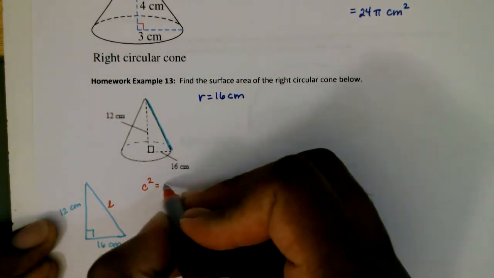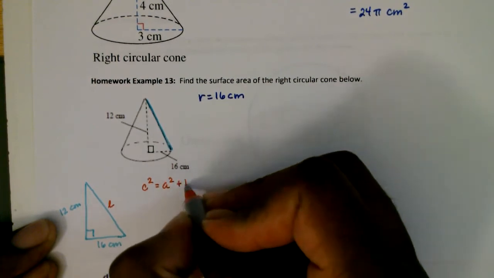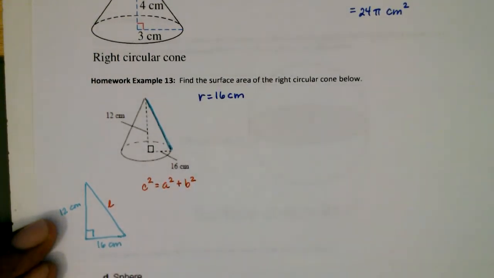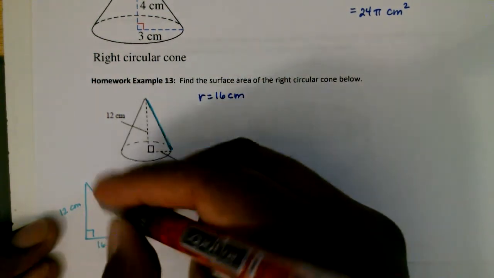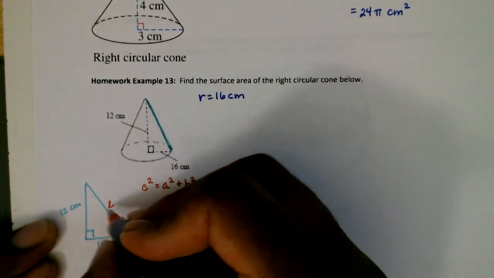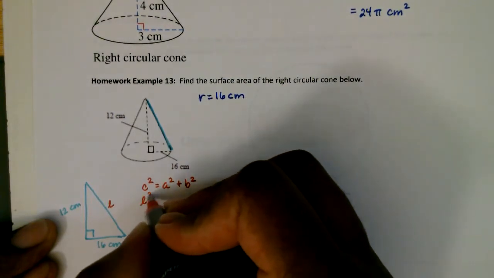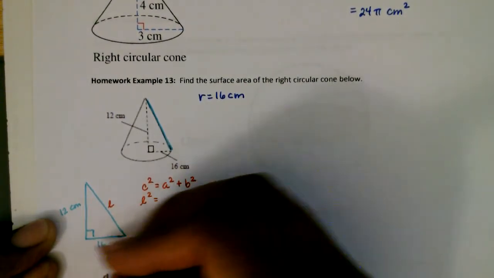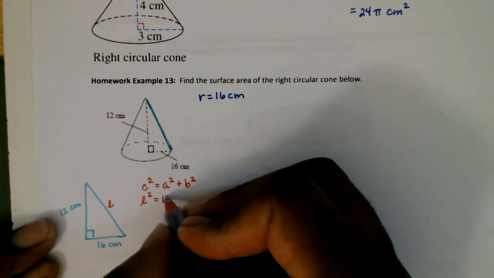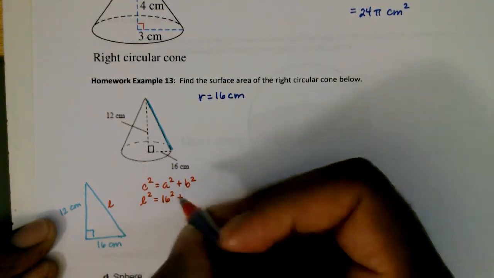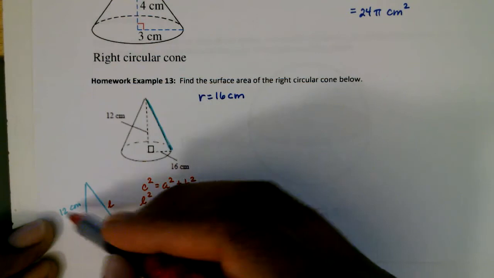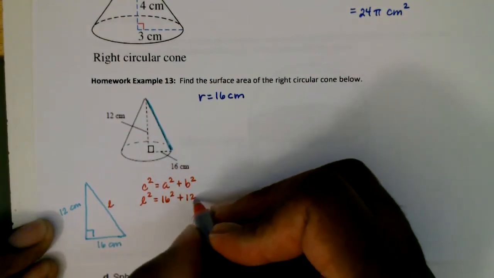C squared is equal to A squared plus B squared. This is my hypotenuse, which is C. That's what I'm trying to find. And I'll label that as L, so it'll be L squared is equal to A, that's 16 centimeters, so 16 squared, plus B, that's this height here, that's 12, so that'll be 12 squared.